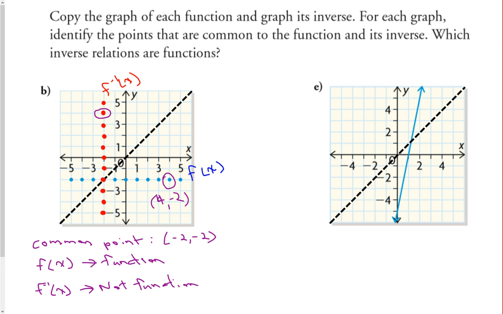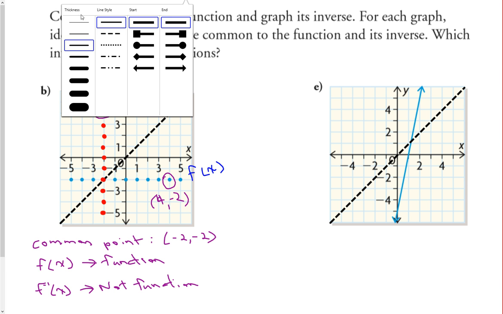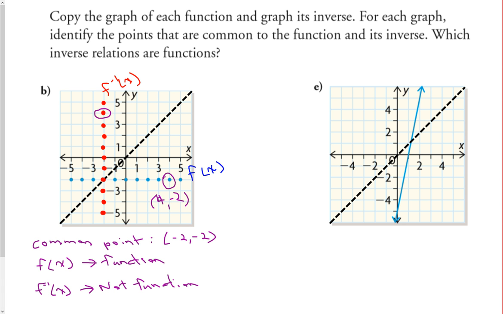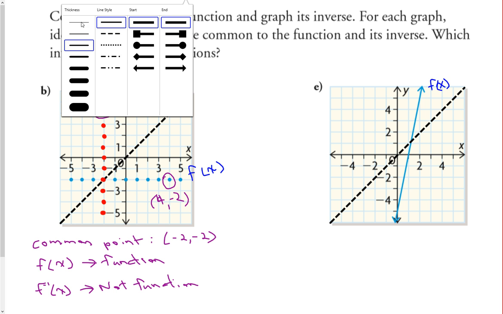And now there's a few things I'm going to be able to figure out right away. I know right away that anything that touches the line is going to be a common point. So f of x I'll do in blue. F prime of x I'll do in red.